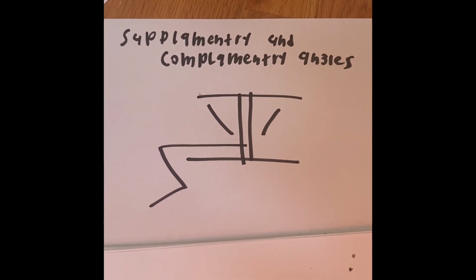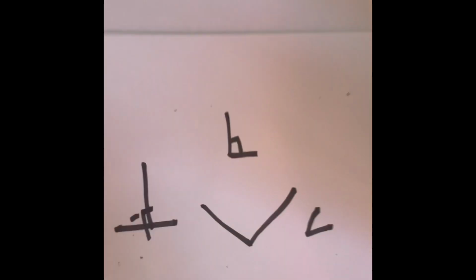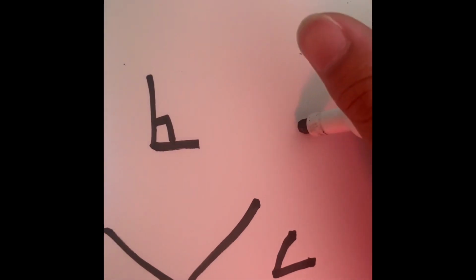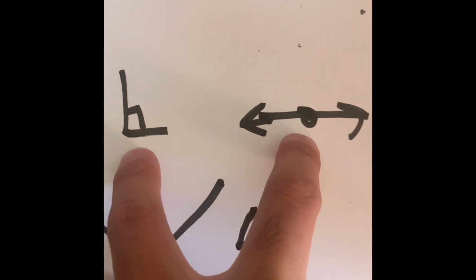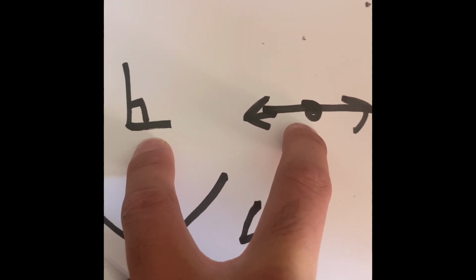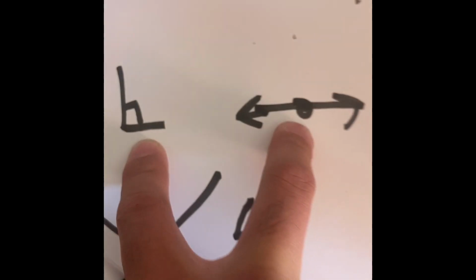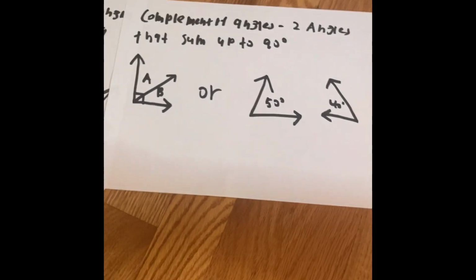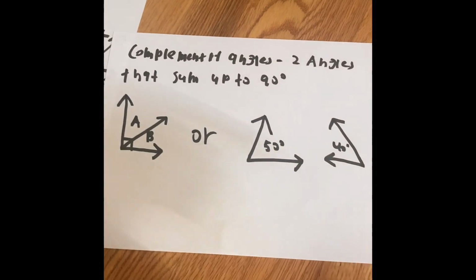We've been learning a lot about right angles and straight angles, and complementary and supplementary angles have to do with these two. However, it's not just one line or one angle, it's two of them. So let's get started.